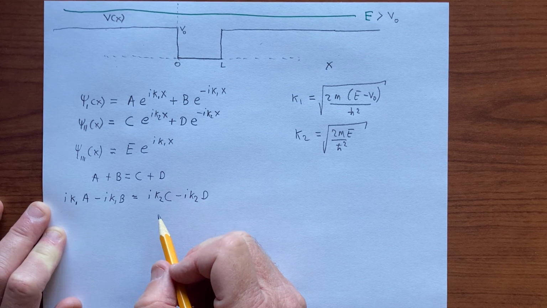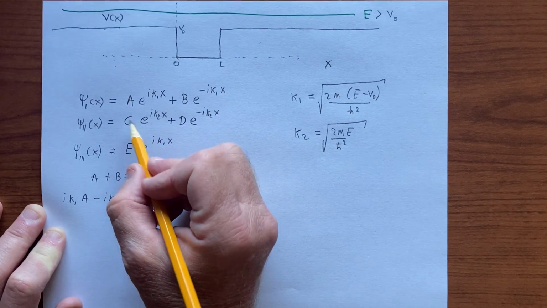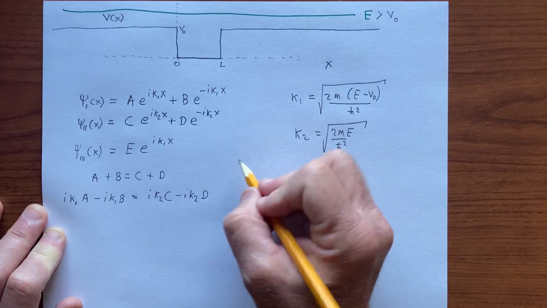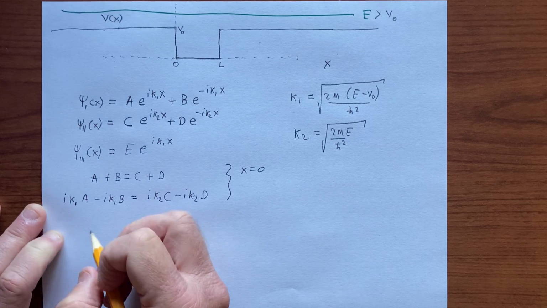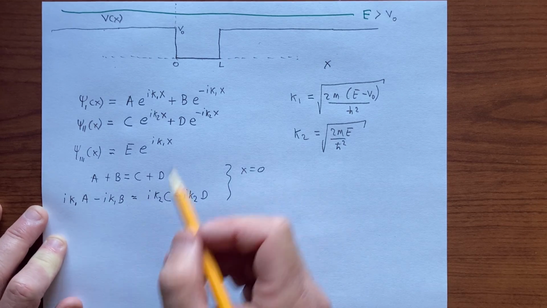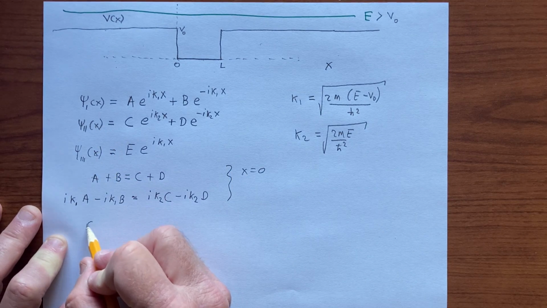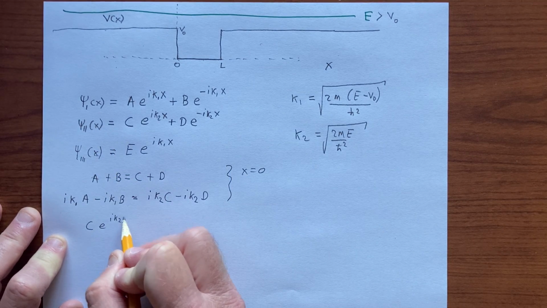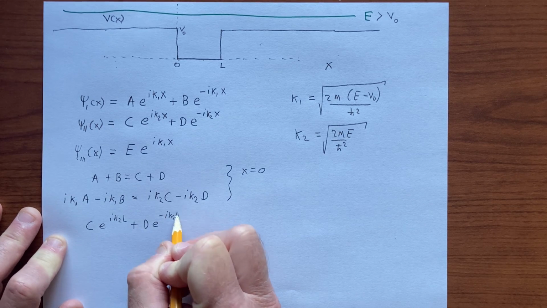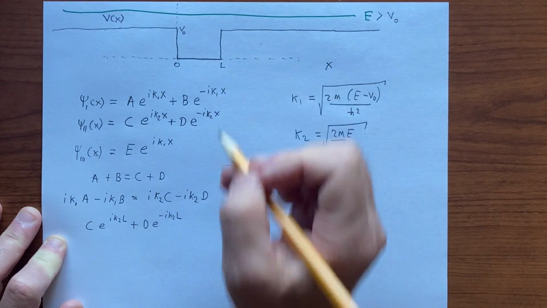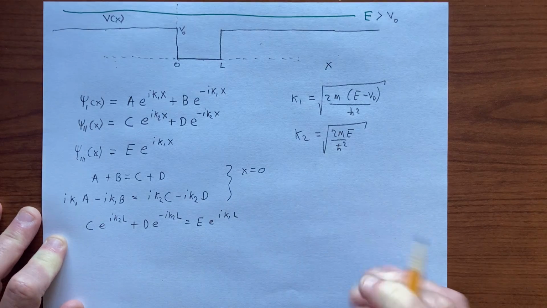So these are x equals 0 boundary conditions. Now we'll do x equals L boundary conditions. This function has to equal that function, so we have c e to the i k2L plus d e to the minus i k2L. That has to equal this function here, which is e to the i k1L.